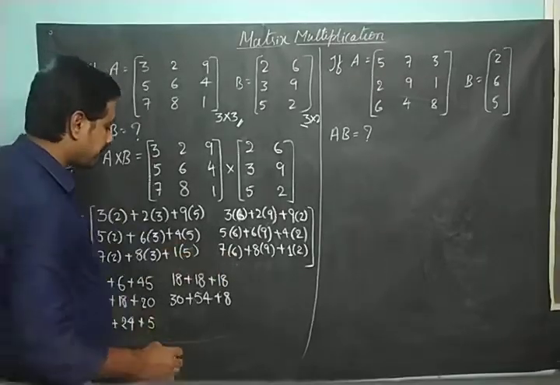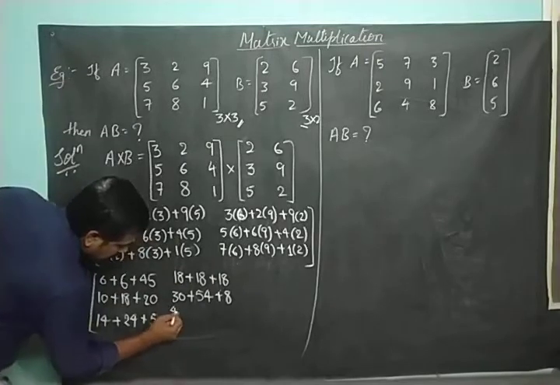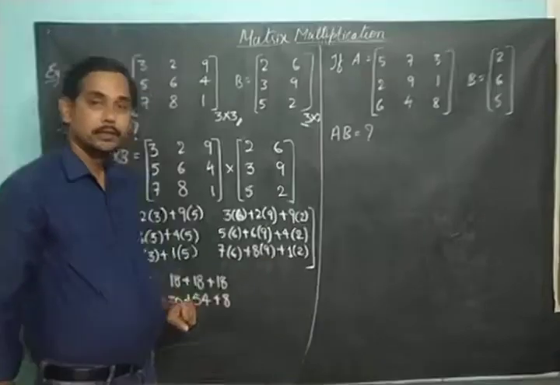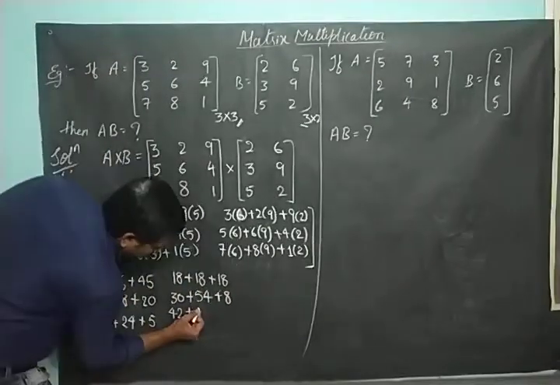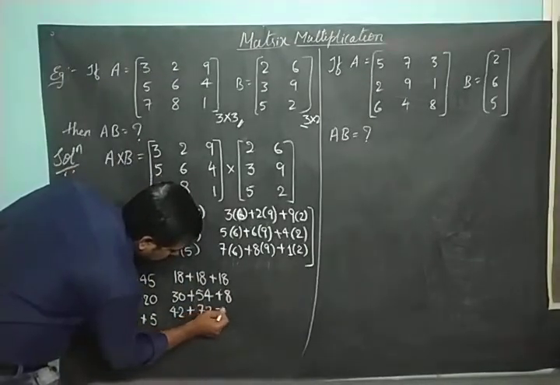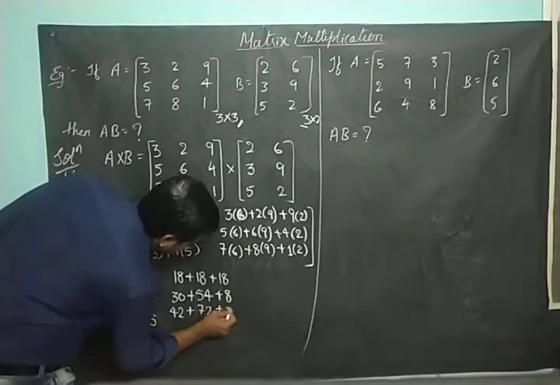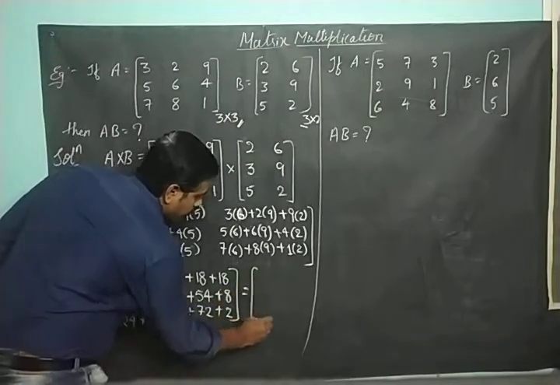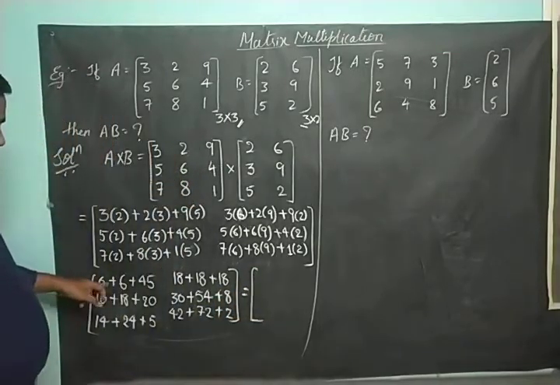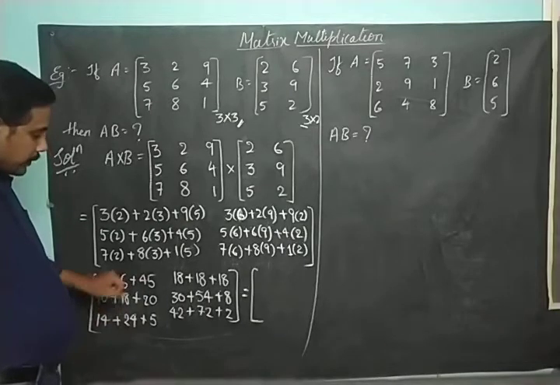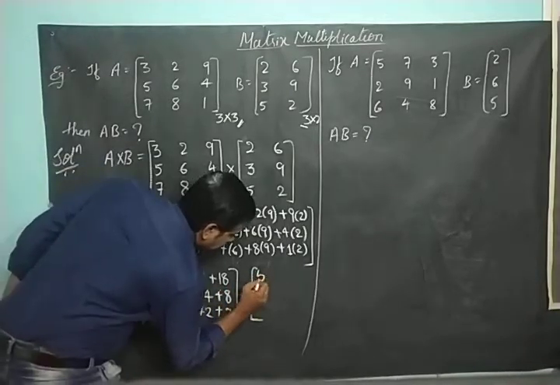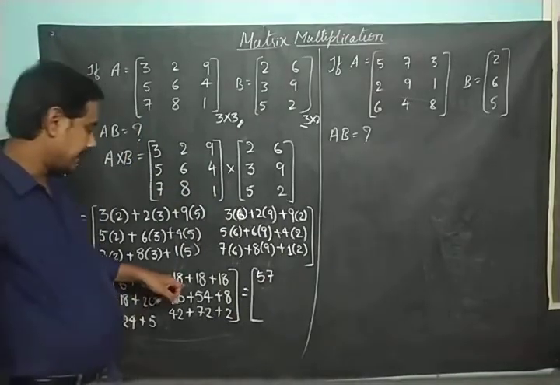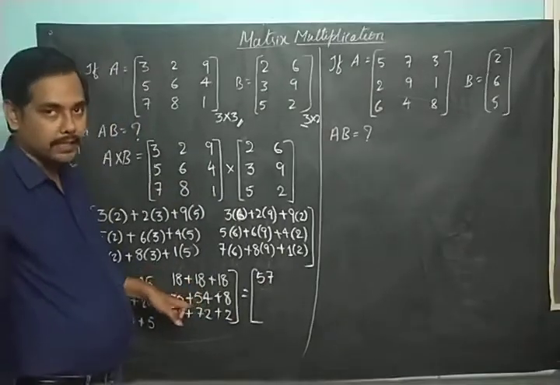Similarly here, 7 into 6 is 42, plus 8 into 9 is 72, plus 1 into 2 is 2. So what will be this value? 6 plus 6 is 12, and 12 plus 45 is 57. Right? 18 plus 18 plus 18 is 54.